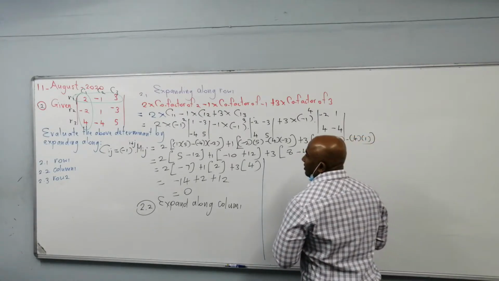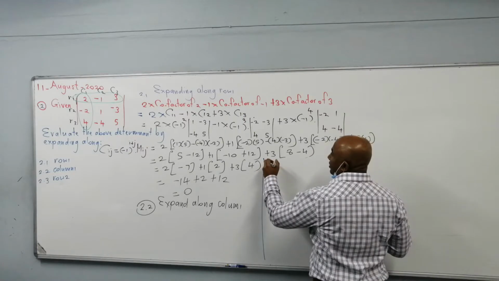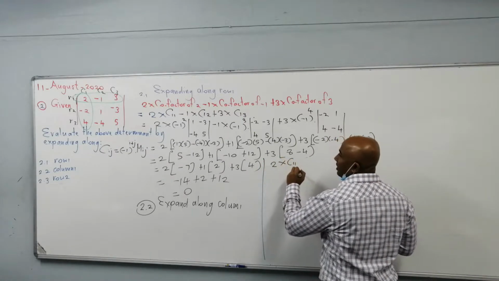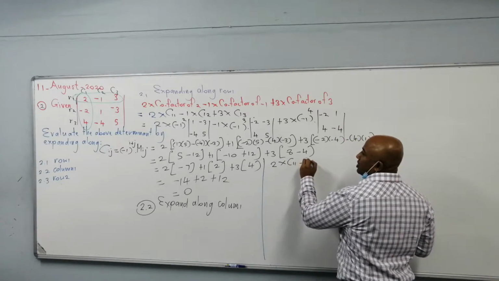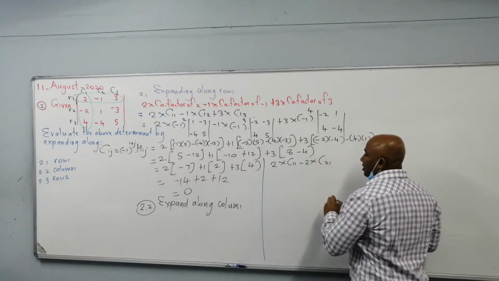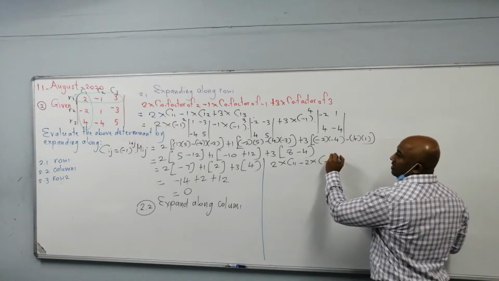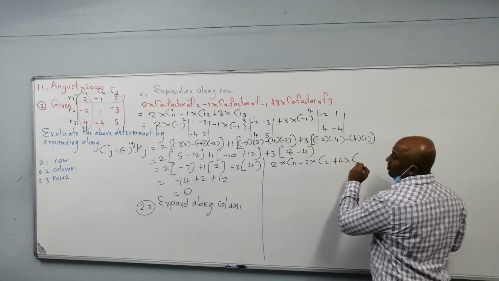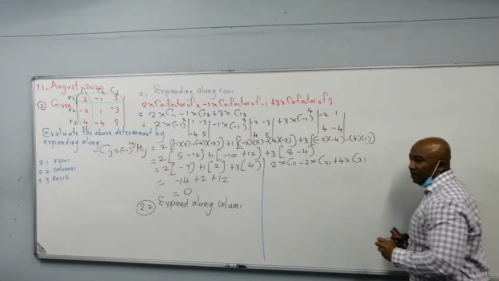Okay, so I'm going to go 2 times the cofactor of 2, which is C11, then minus 2 times the cofactor of minus 2, which is row 2, column 1, and then the last one there is positive 4 times the cofactor of that 4, which is row 3, column 1.